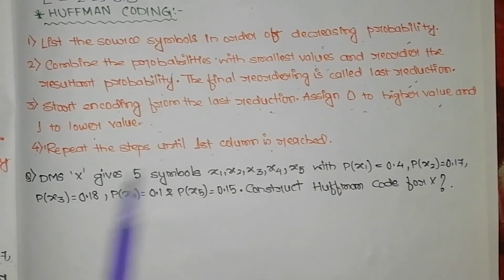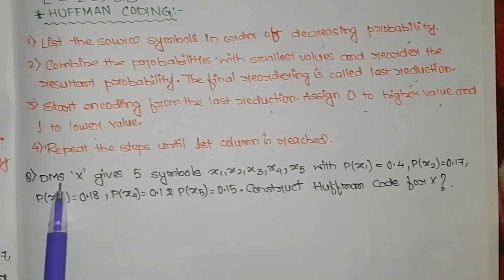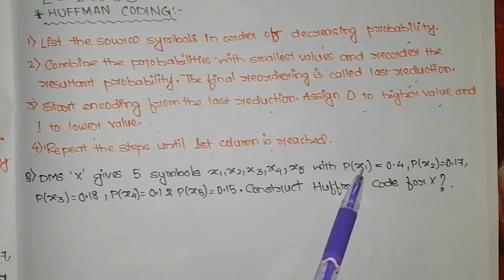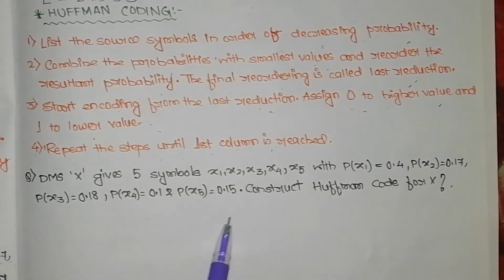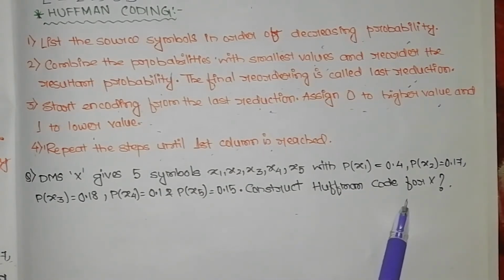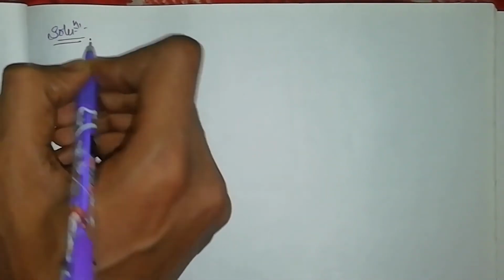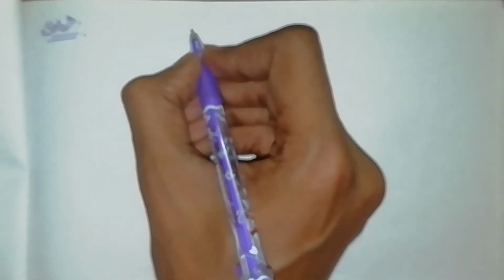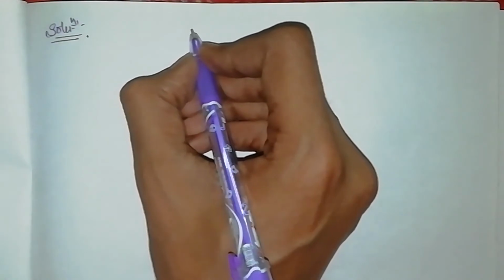So similarly we can apply this coding technique for the similar type of question, that is the DMS X gives x1, x2 up to x5 and the probability values are the same. Now we need to construct the Huffman coding for the DMS X. So the solution will be, the first step is we will reorder the values in their decreasing order.